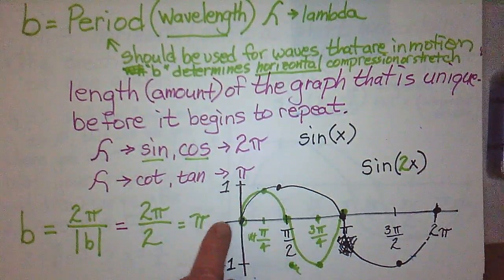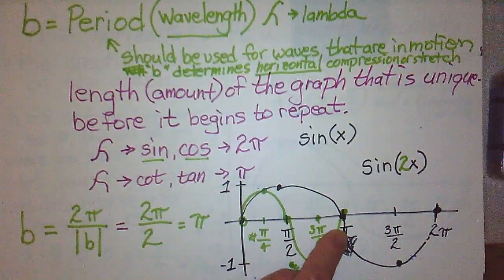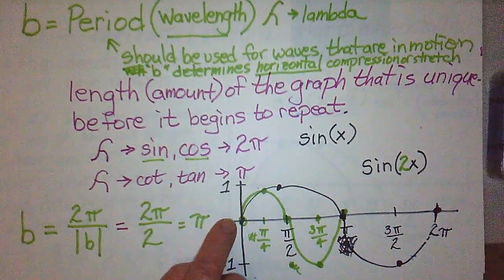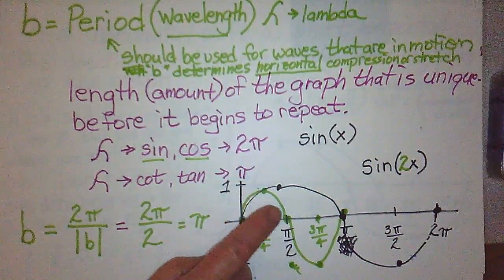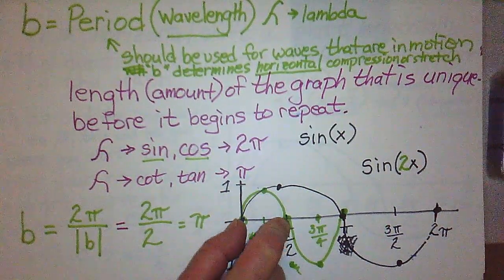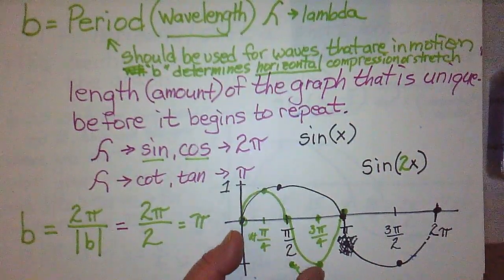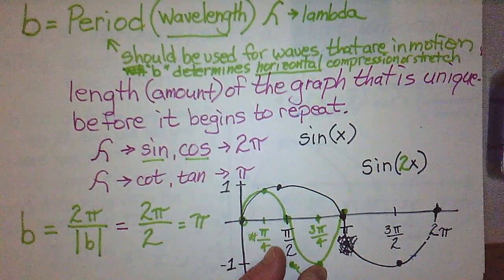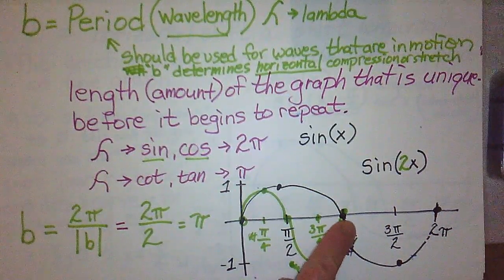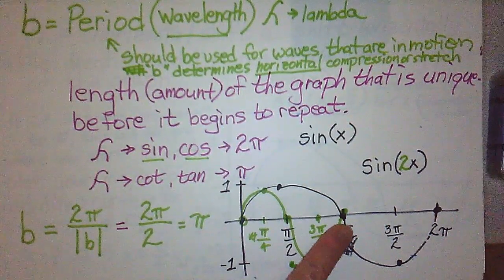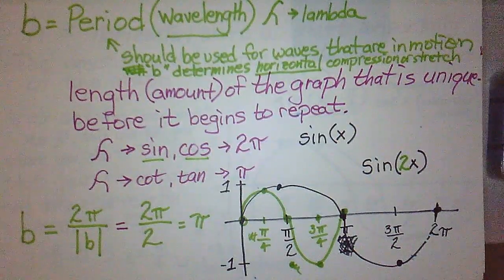That means when I divide that into 4, I've got the start, pi over 4. Pi halves is now my center. 3 pi over 4 is negative 1. And then I go back to pi, where my cycle ends.